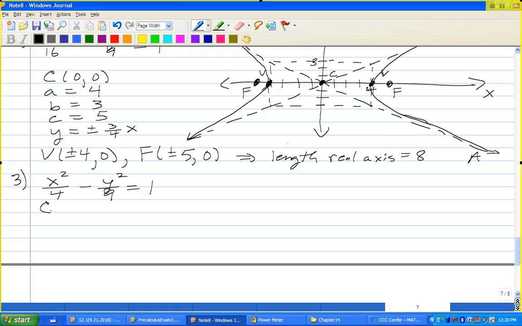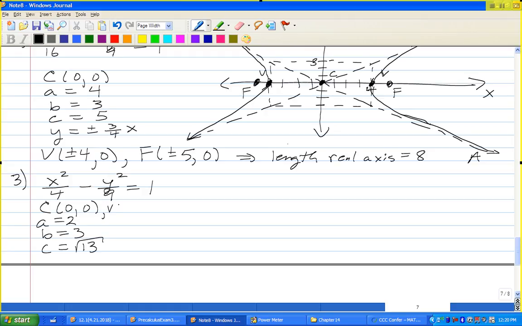So the center is at the origin. A is 2, B is 3, 4 plus 9 is 13, so C is the square root of 13.